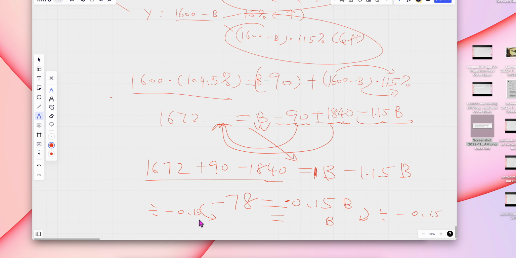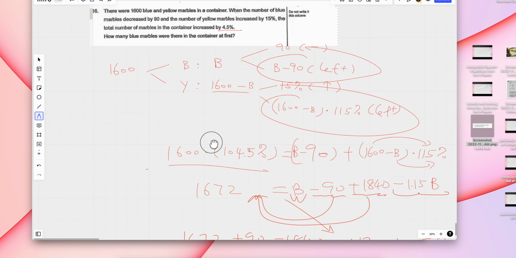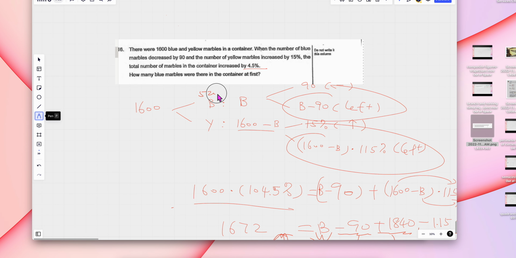No problem. 520. Yeah. So B is 520. So if B is 520, Y is this 1600 minus the 520, which is 1080.